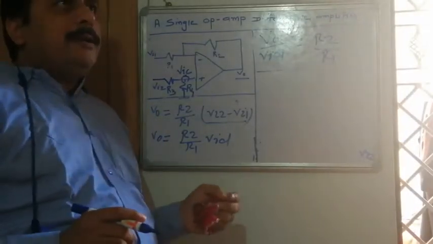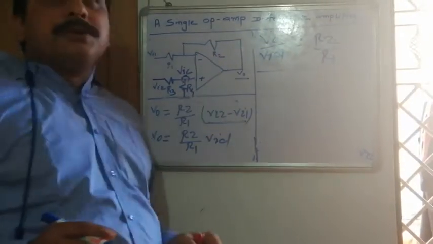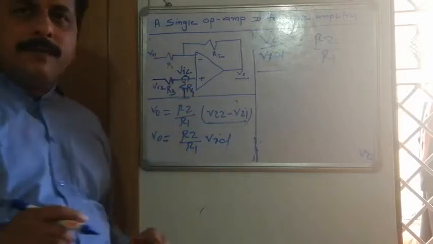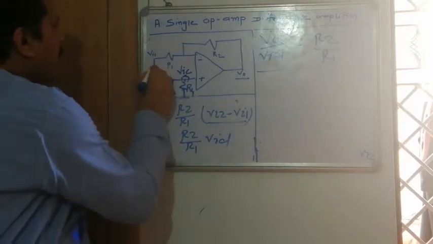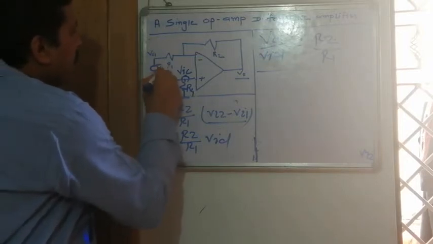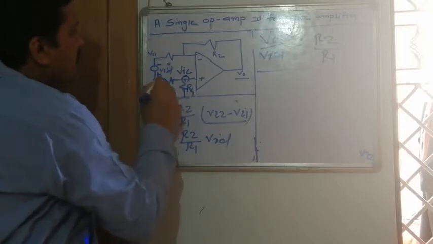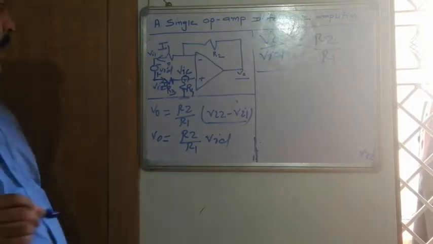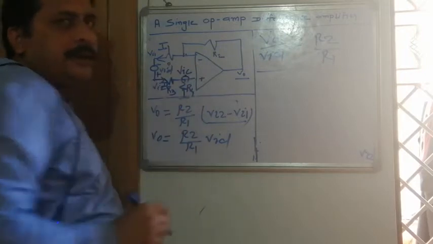Now I'll find the input resistance. What is the input resistance of this difference amplifier? For that, here we have applied a common voltage VID, and we are assuming this current is I1 and the outgoing current is also I1, and the voltage drop across these 2 points is 0.